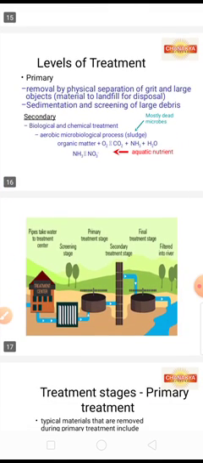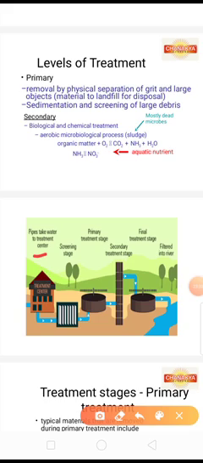Now see here. From the homes the water is collected, and pipes take the water to the treatment center, where screening happens, so the large particles are removed.